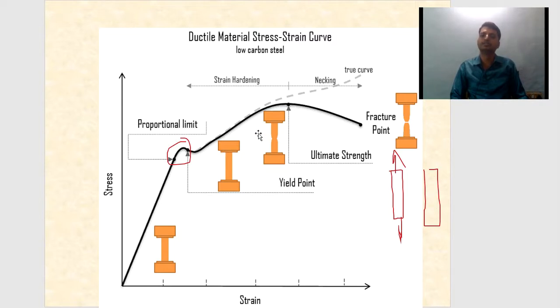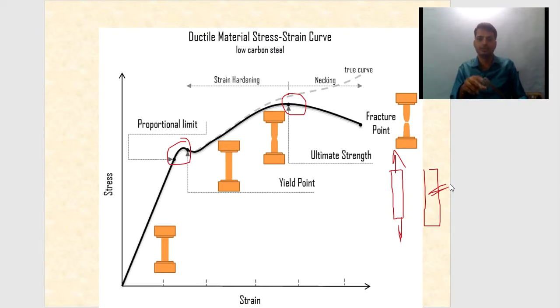If I keep on increasing the load on this material, there is a point called ultimate stress. This is called ultimate stress. I mean, this material can ultimately bear this amount of load. Beyond that, it's going to break, as we've seen in many places. Everything has some limit.